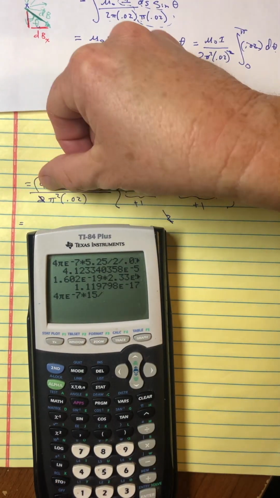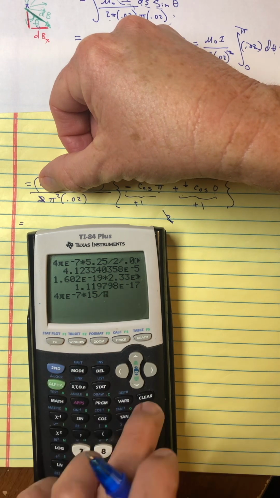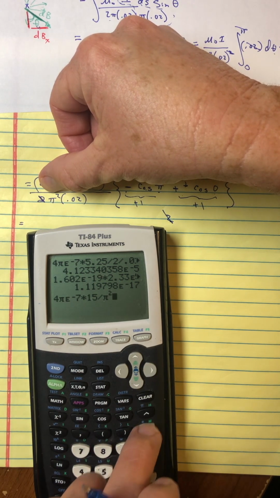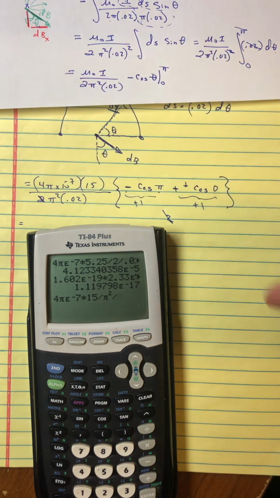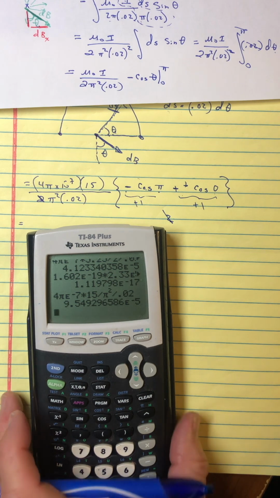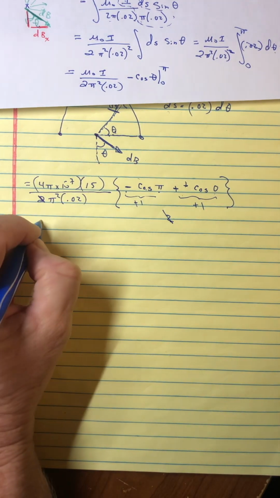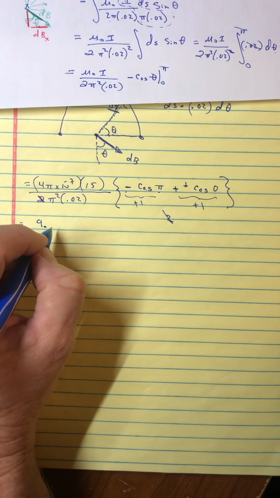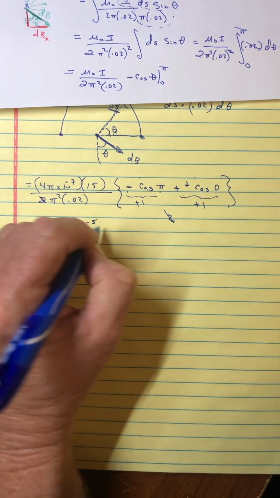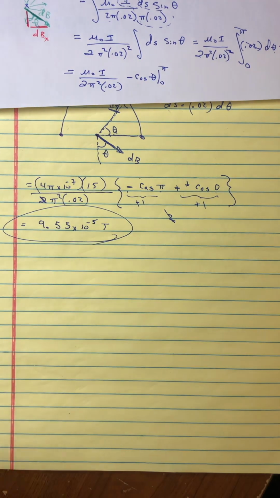Divided by, I already canceled that 2, but it looks like I've got my pi squared, and also divided by 0.02. All right, so after all of that, I get a field of 9.55 times 10 to the minus 5 Tesla.